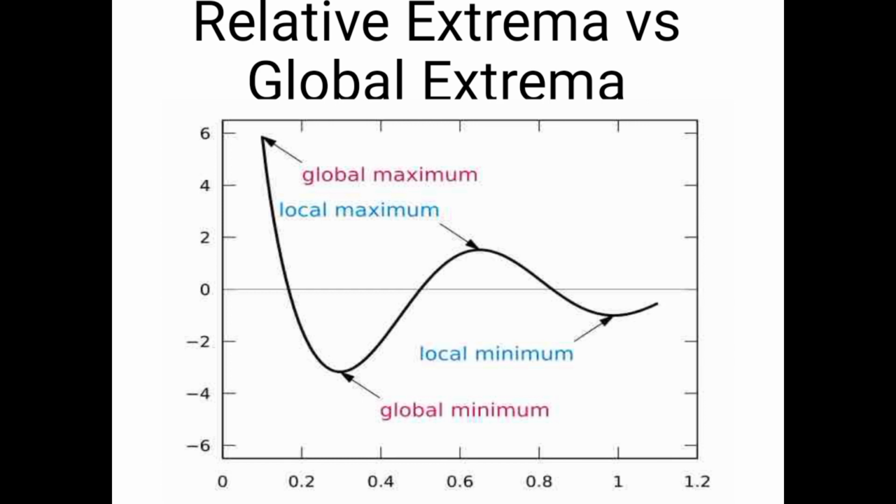Between 0.8 and 1.1, we also have a local minimum. So the interval 0.1 to 1.1 contains sub-intervals such as 0.8 to 1.1. At this point, we have the local minimum, the global minimum, the local maximum, and also the global maximum.